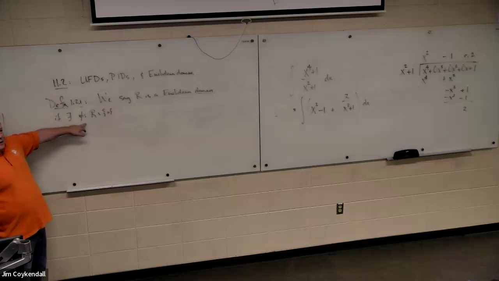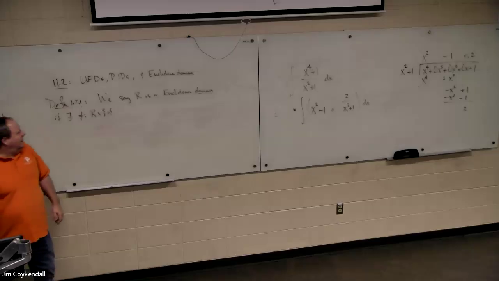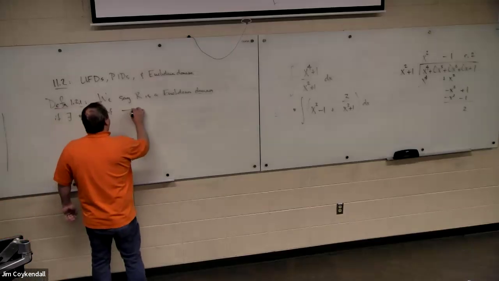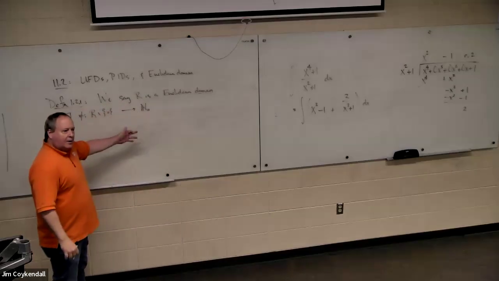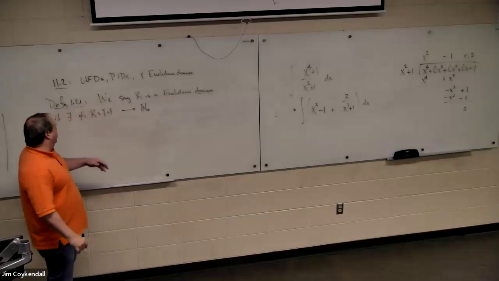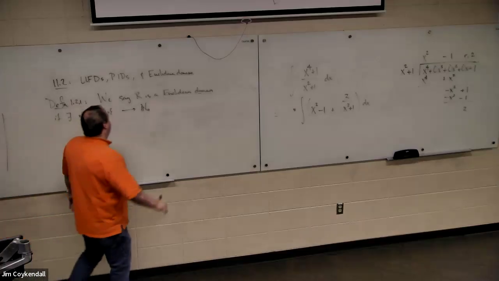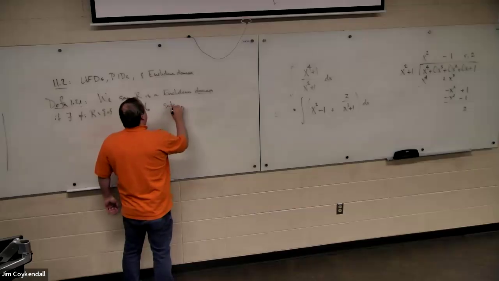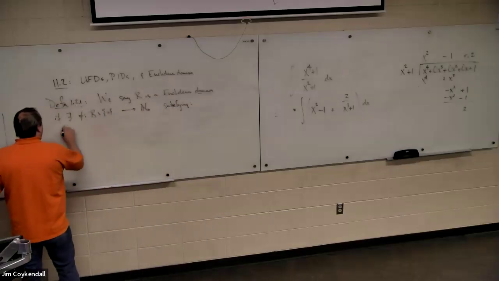This function is defined on everything in R except perhaps zero. It may not be defined on zero. Into the natural numbers union zero. Some authors say the natural numbers, that's fine too. You can define it onto any subset of the natural numbers, really. That satisfies a couple of properties.